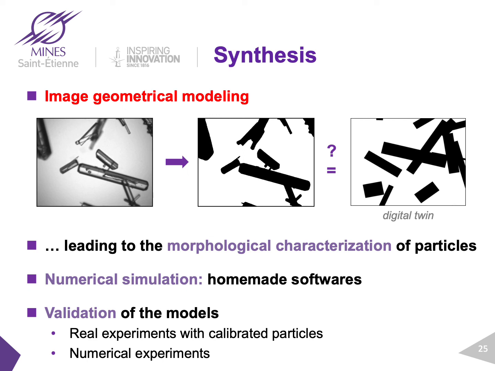So it means that we have a specific population of particles, for example, some spheres with a Gaussian distribution, and we can try to generate our model and retrieve the good distribution and compare if it's good or not. And also we can validate with some numerical experiments.